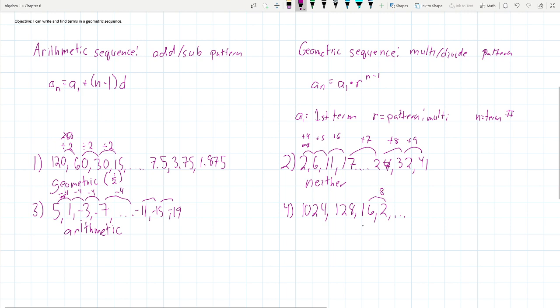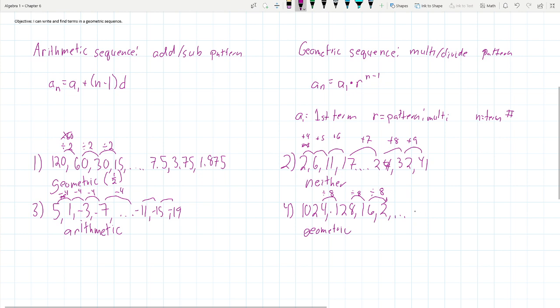I multiply by 8. But I'm going the other way, so I divide by 8. So what is 1024 divided by 8? It is 128. How do I go from 128 to 16? I divide by 8. And so we do have a pattern here, and that makes this geometric.